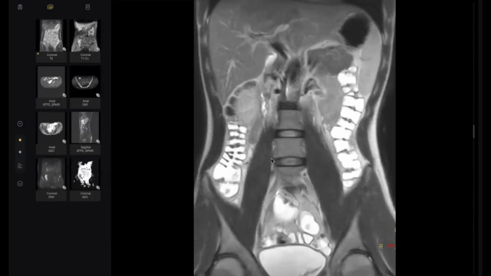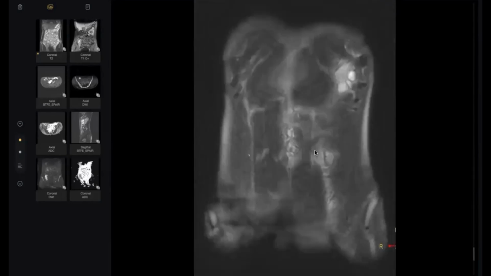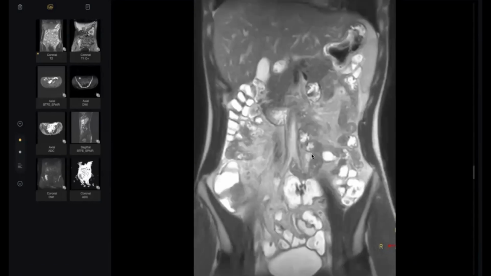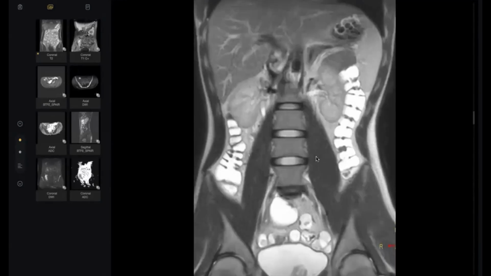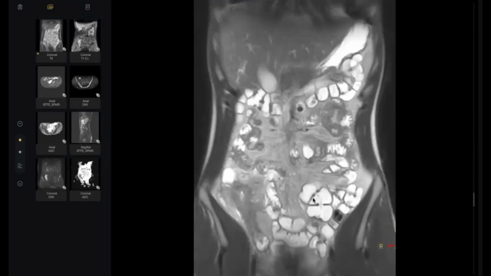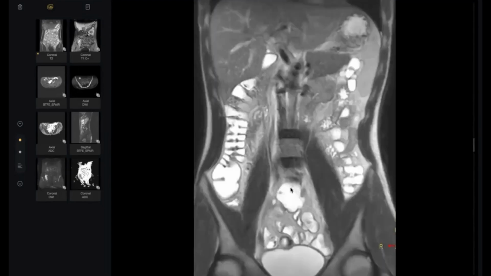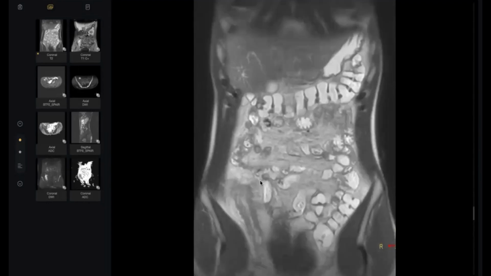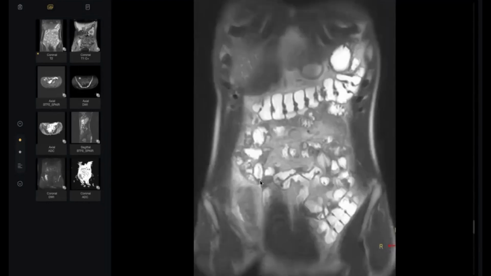Sir, I'm looking at the pattern of the small and the large bowel. Yeah, I think in the pelvis. Sir, I need to see the terminal ileum. Stop here. What happened here?